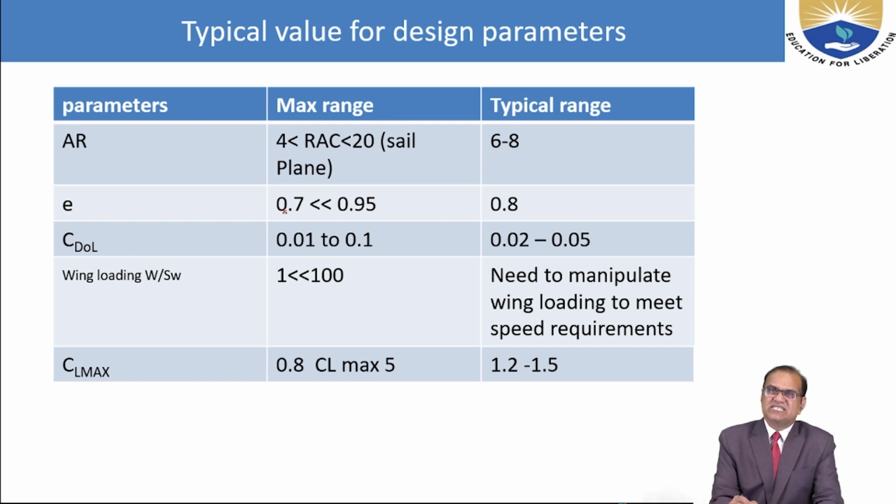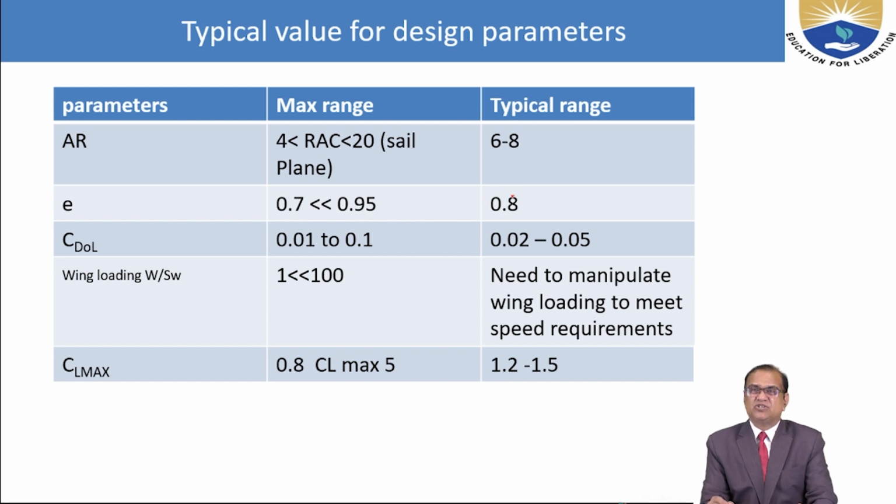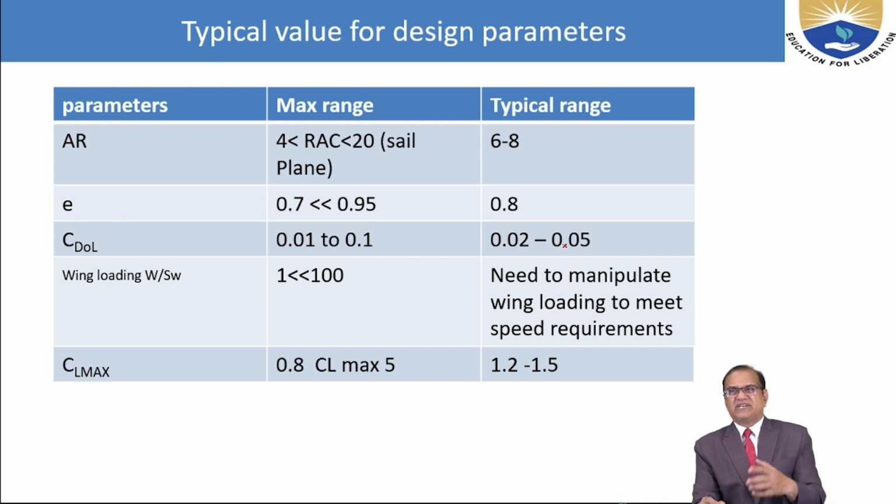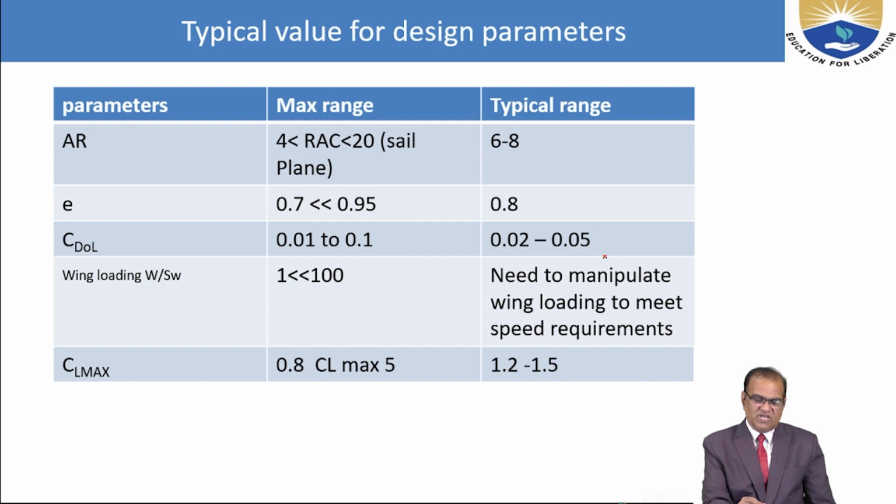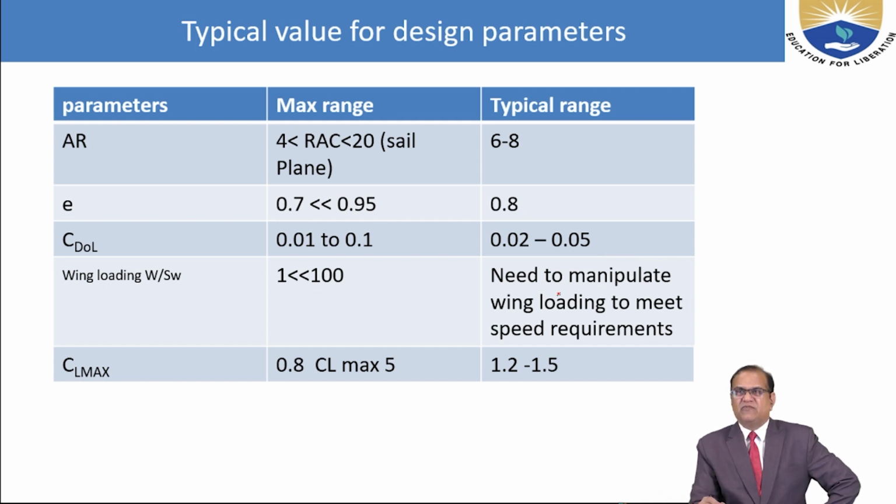Oswald efficiency ranges from 0.7 to 0.95, but in the ideal case we should select 0.8. CD naught should be 0.01 to 0.1. In real practice, we have to take 0.02 to 0.05. Wing loading is 1 to 100. We need to manipulate wing loading to meet the speed requirement.